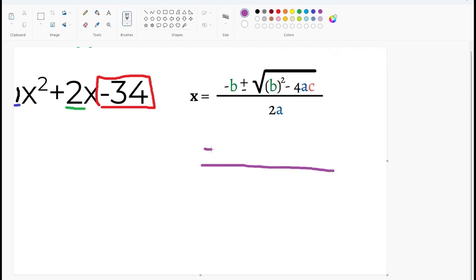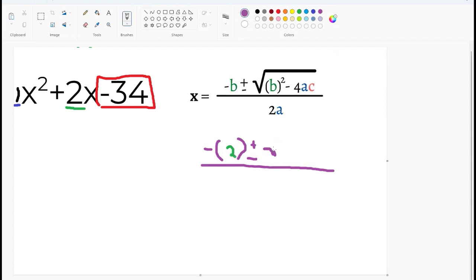So first I have negative b, so negative, and b was 2, so I just put in 2.